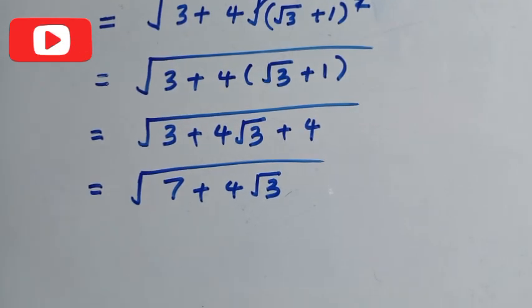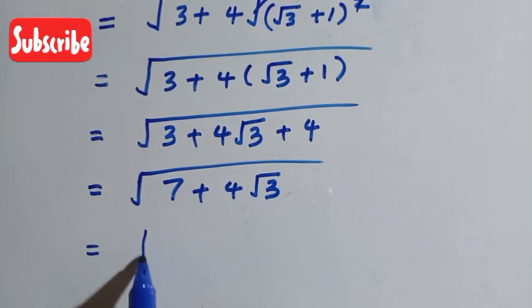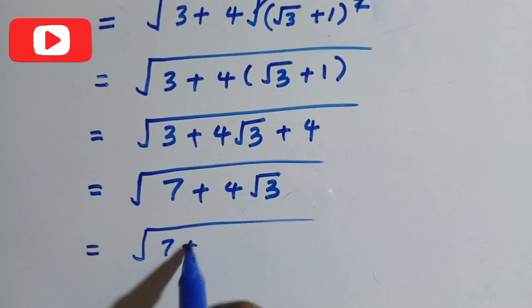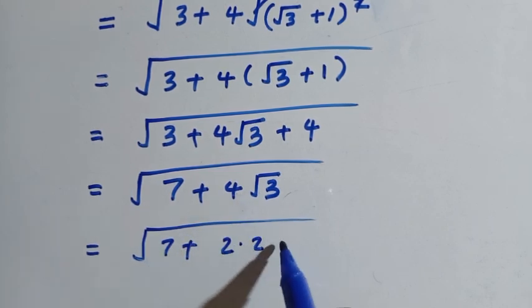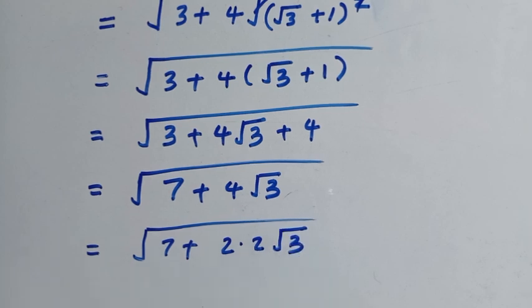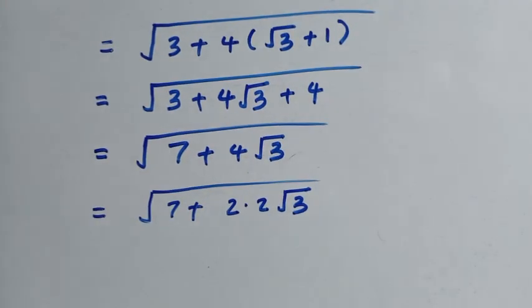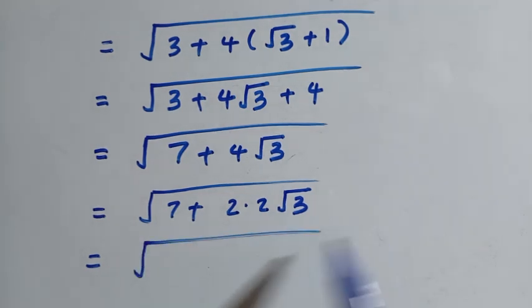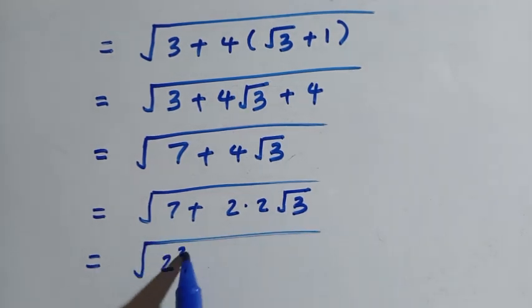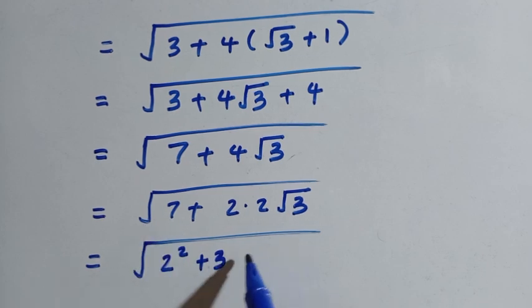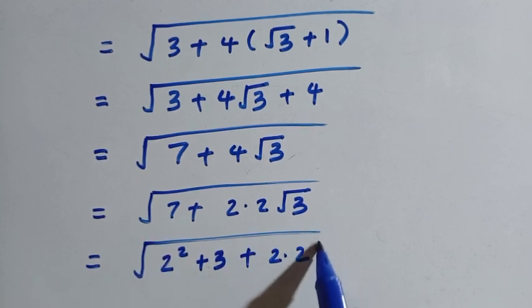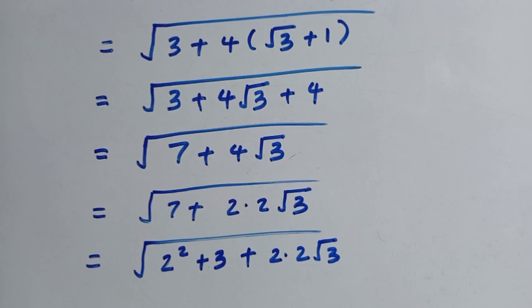And another thing I'm going to do here, which is very interesting, if this is the square root of 7 plus, if I write this 4 as 2 multiplied by 2 multiplied by root 3. And for every 7 here, if I write it as 2 squared plus 3, this is the same thing as 7. So 2 squared, that is 4, and here is 3, that is 7, plus 2 multiplied by 2 square root of 3.